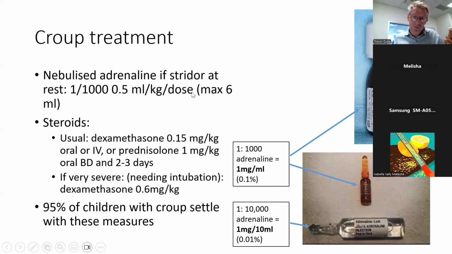So you put 5 mils of adrenaline, which is 5 ampules, in a nebulizer, and nebulize that. Children these days typically respond quite well. If they don't respond, then they need much more urgent treatment, but usually children will respond, and sometimes the response can last for many hours.